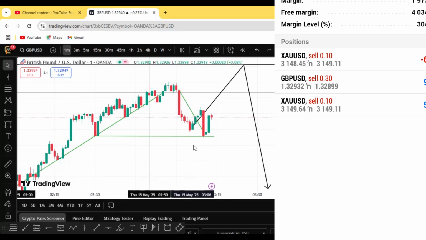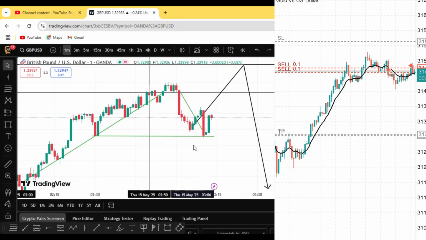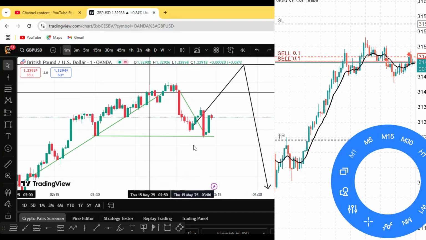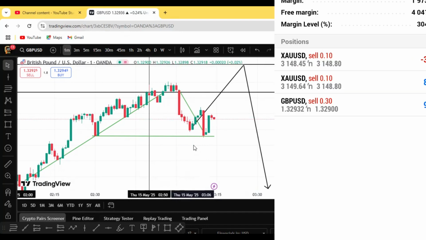I'm going to add a small position on GBPUSD. Put an entry on GBPUSD also. So I have two trades running, GBPUSD and gold.